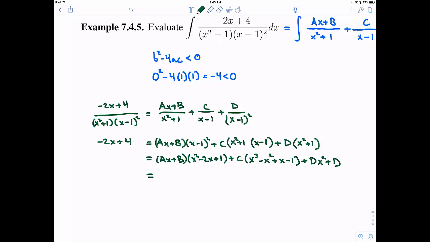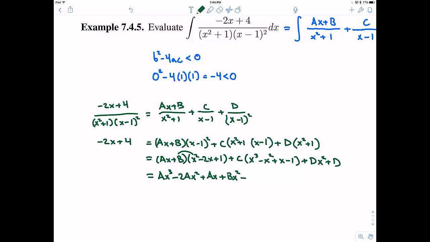Okay, now we need to expand ax plus b times x squared minus 2x plus 1. So again, distribute this all out. I'll do the a's first, carefully making sure not to make any mistakes, or at least very few mistakes. All right, and then how about when I distribute the b terms?